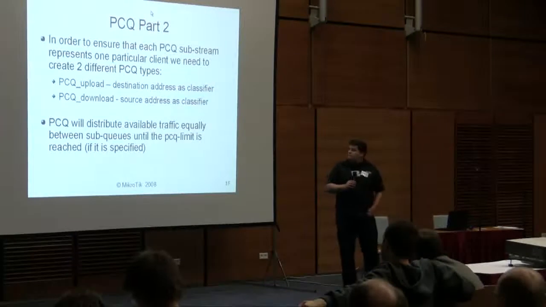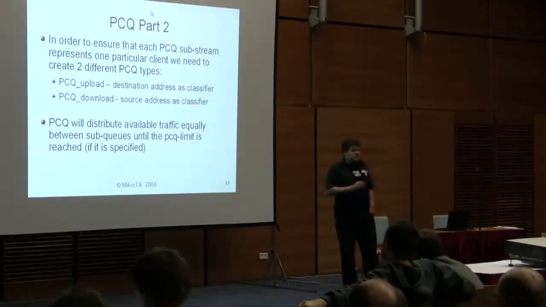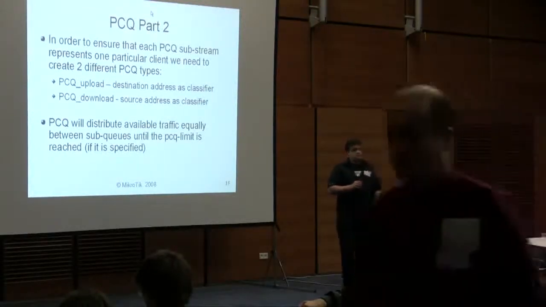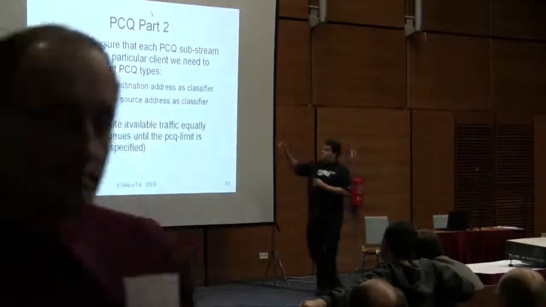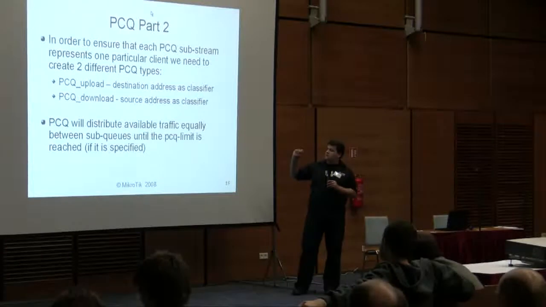So basically, in our setup that we're discussing here, we need 2 types of PCQ queue. One should be a PCQ upload, destination address as classifier, or am I mistaken here?